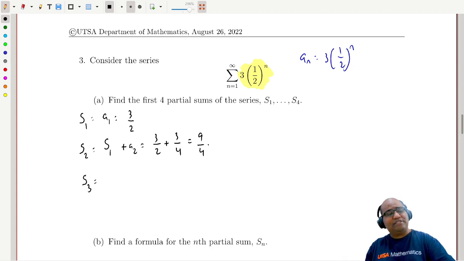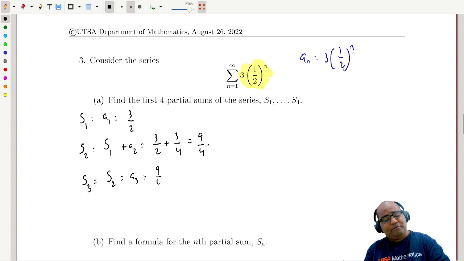Now for S3, for a third partial sum, that's the second partial sum plus the third term. So we go ahead and follow our pattern from before. So the previous partial sum, 9 over 4, plus the next term. Next term is 3 over 8. Okay, 2 cubed is 8. We do the work there. That is 21 over 8. And finally, the fourth partial sum, as before.